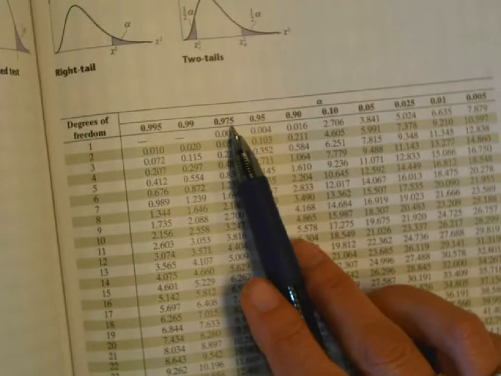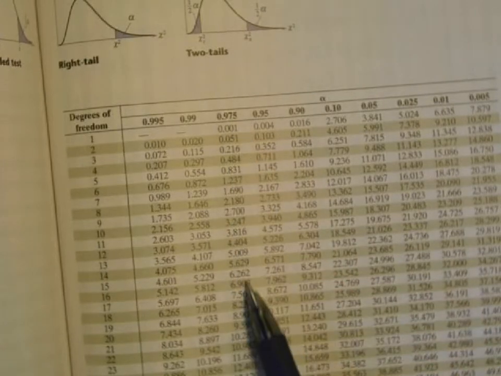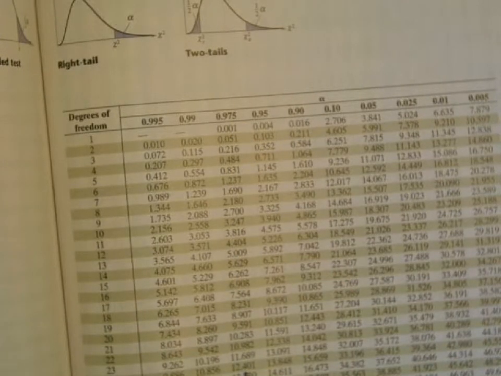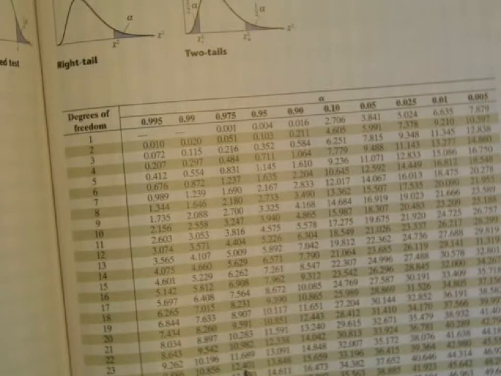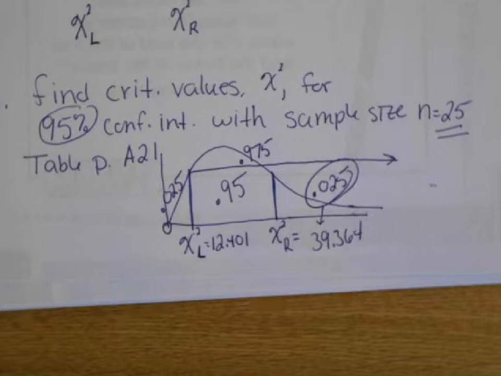So if you look along the top, you have 0.975 right here, and you go down to the 24 degrees of freedom, and it's 12.401. We'll be doing this at least two more times. If you can do that, now it's just use the formulas I give you and it's easy.